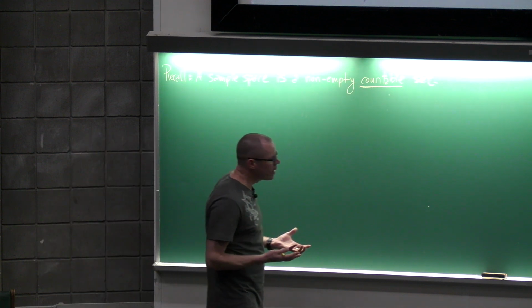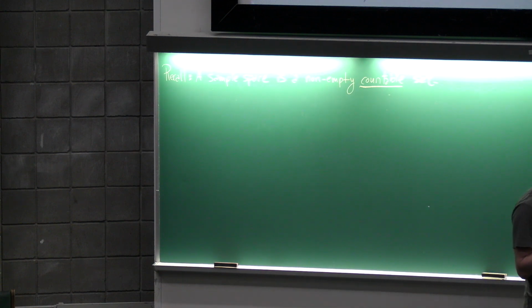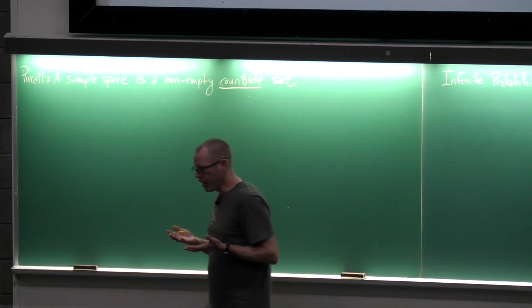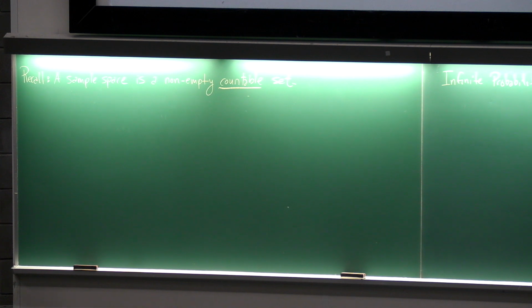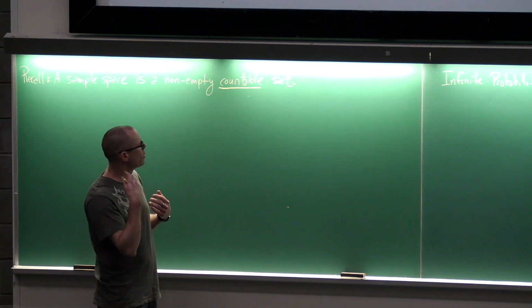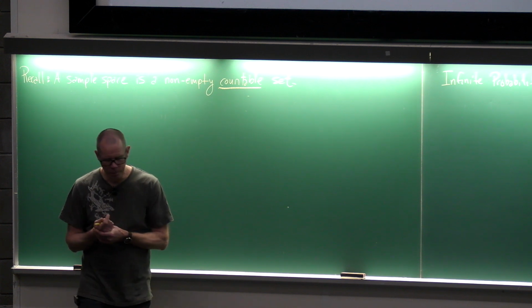And even for infinite sets, we use the same sort of rule: we'll say two infinite sets have the same size if there's a bijection from one onto the other. And countable sets are just the sets which can be mapped onto the set of natural numbers, the non-negative integers. Okay?